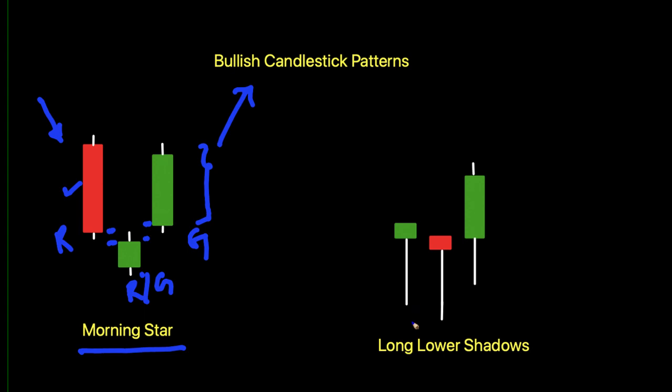Then you have the next pattern where you see the long lower shadows. These are the lower shadows, right? These are the long shadows. That means the bears came in, they tried to pull the market down, but then the bulls came in and pushed the market up.